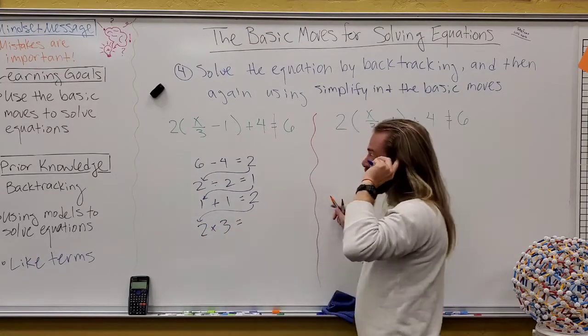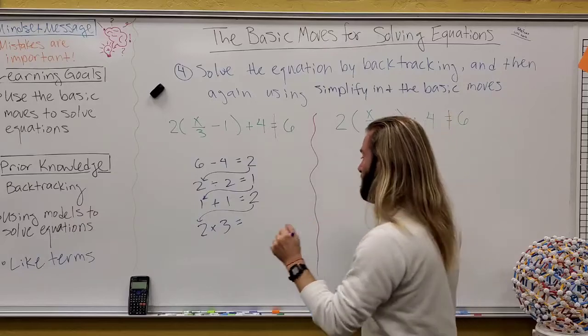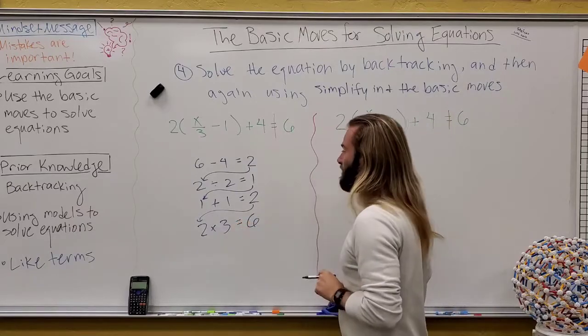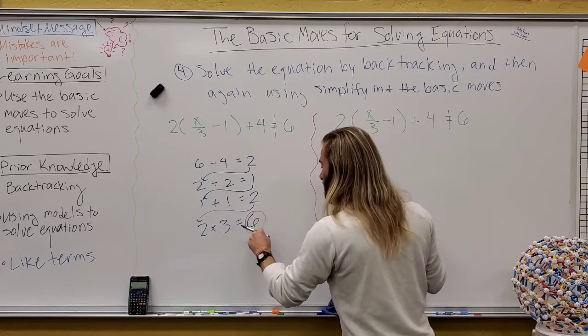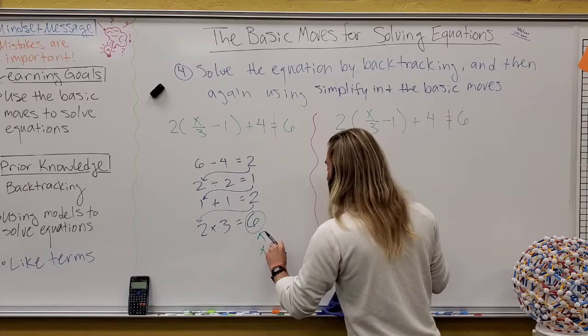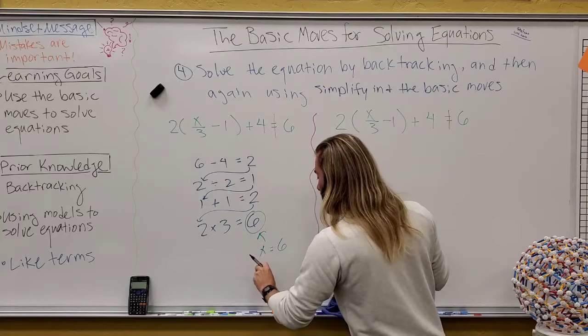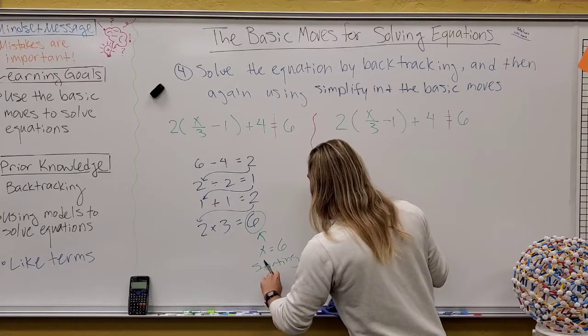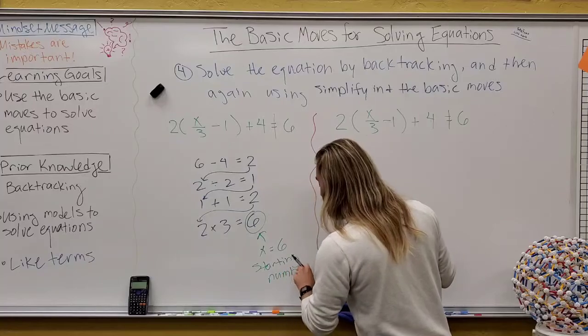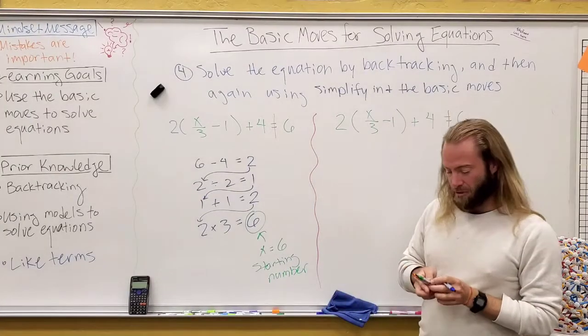So it seems like what I get here is 6. Well, that's interesting. My ending number was 6 and my starting number was 6. But here, x equals 6 is our solution. And remember, we just worked backwards to dig out my starting number.